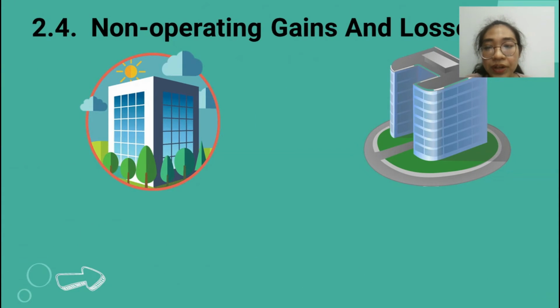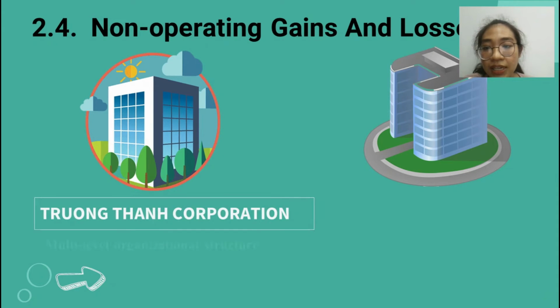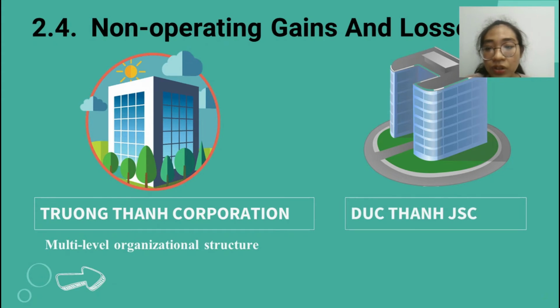Now we come to the non-operating gain and loss. Trường Thành Corporation has a multi-level organization structure, so its income statement has gain and loss from joint ventures and associations. Meanwhile, Đức Thành is a joint stock company, so it doesn't have any in this account.